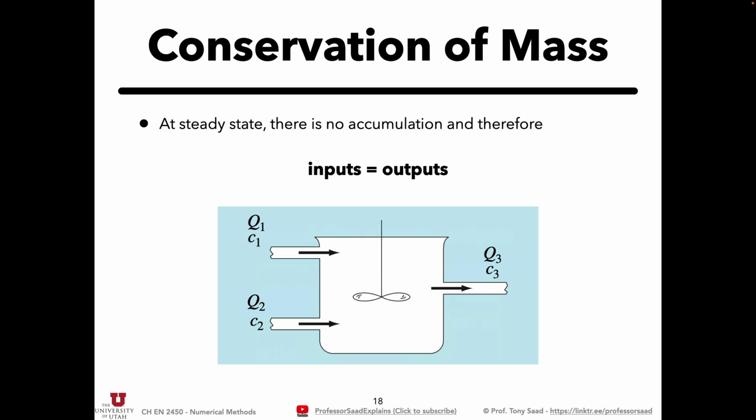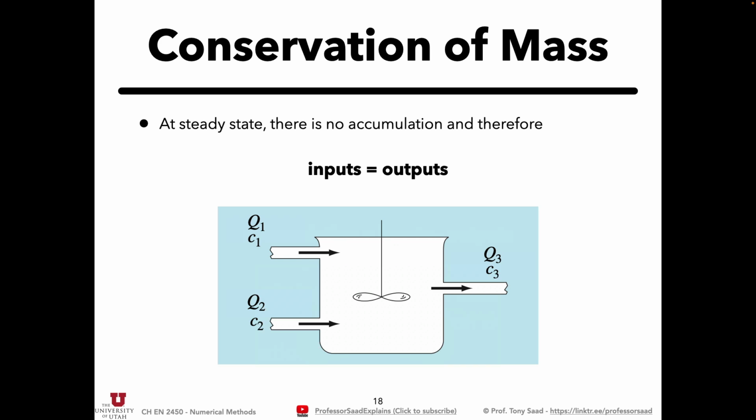So what I'm showing here is a simple diagram of mixing two liquids. They come in at flow rates Q1 and Q2, which are the mass per second, or volumetric flow rates, liters per second, with given concentrations C1 and C2, producing some other liquid from the mixing and the reaction, with a different concentration, C3.